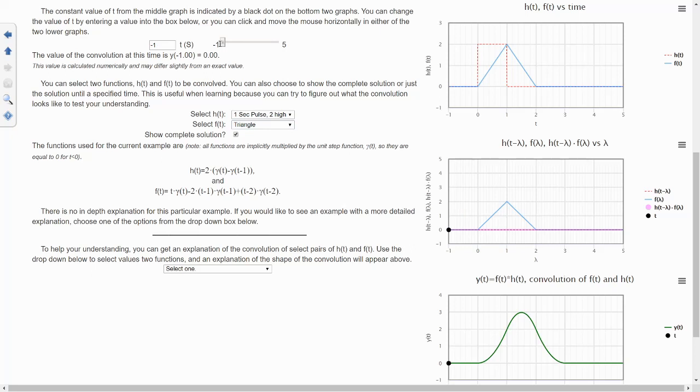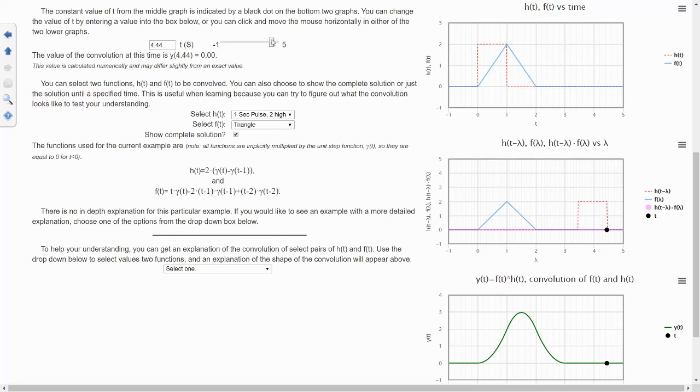Again, what we'll see is that when we translate and multiply the rectangular pulse with a triangular pulse and then integrate to get a value at the time for which that pulse has been translated, and you do it for all times, you will get a smoother triangular pulse.